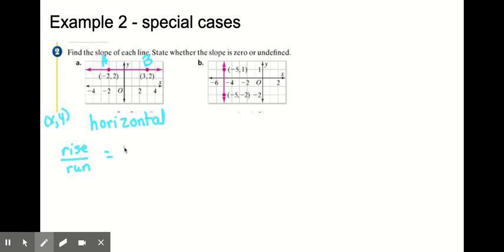So 2 minus 2 over 3 minus -2. Well, 2 minus 2 is 0, and 3 minus -2 is the same as adding the opposite, which becomes 3 plus 2, which is 5.